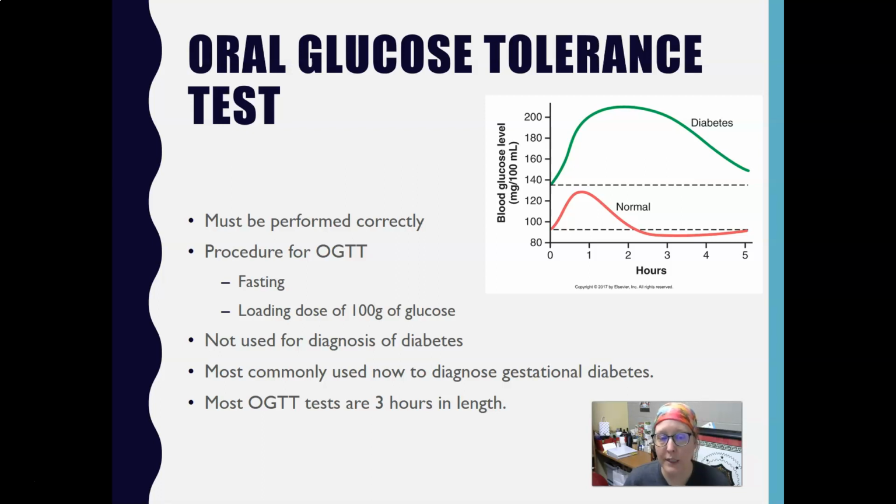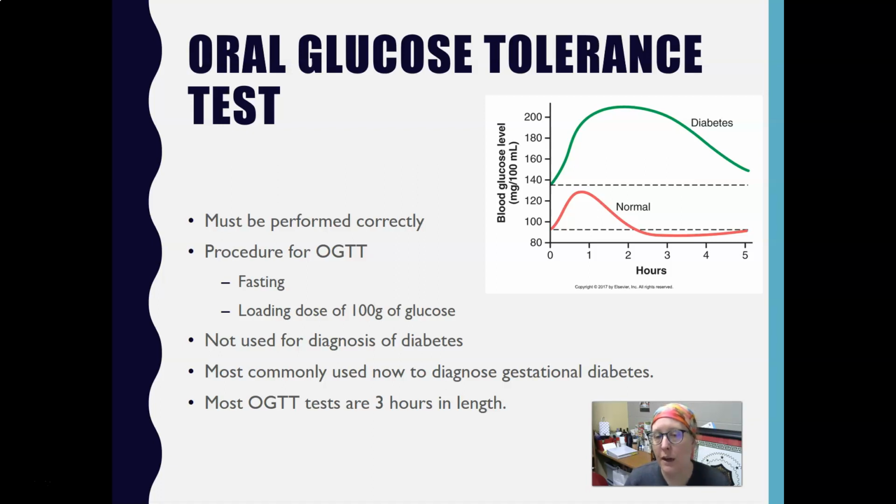They fast overnight, come in, and you draw a fasting level of blood glucose, and then you give them a loading dose of 100 grams of glucose, and they drink that really sweet, icky, nasty drink. And then you monitor the blood sugar.